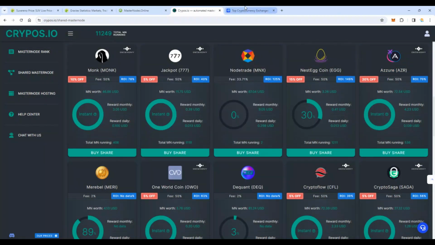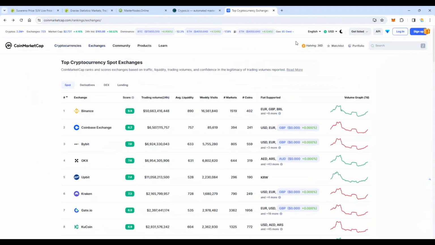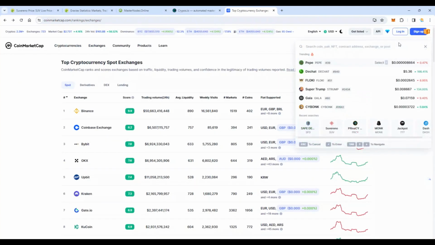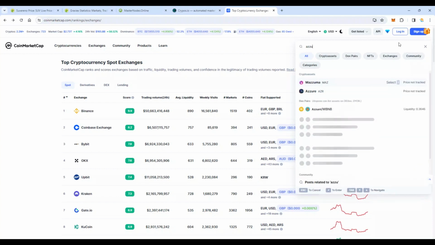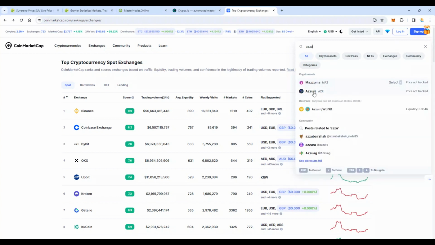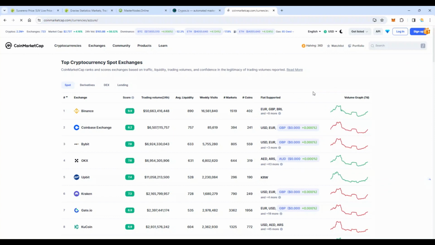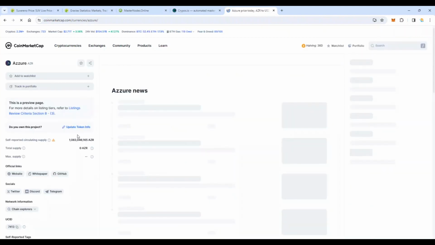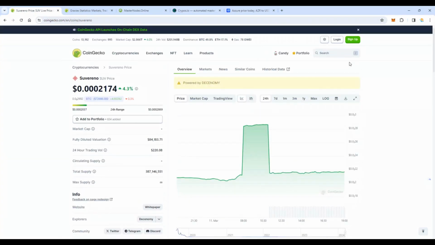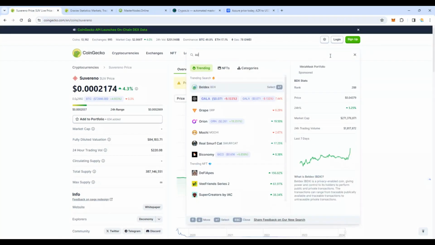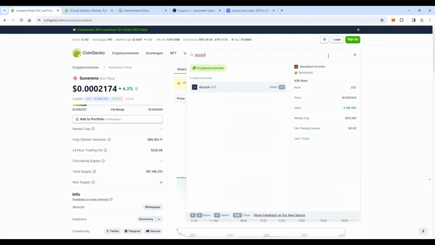Sorry. So you'll have to come here on CoinMarketCap and search for Azure. I think it's double Z. Yeah, Azure. Price is not tracked, so most likely we don't even have a place to buy it. But let's check on CoinGecko. They can be a nuisance, by the way. That's why I don't waste my time on them.